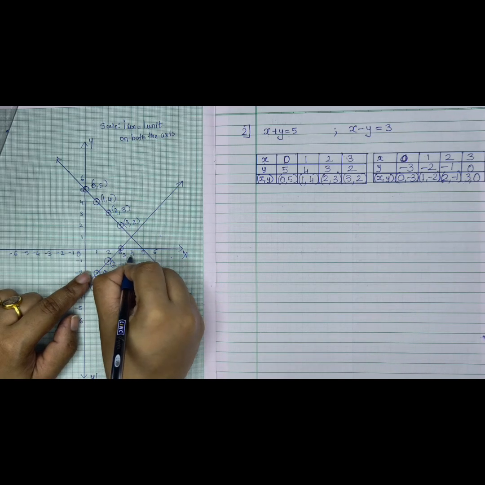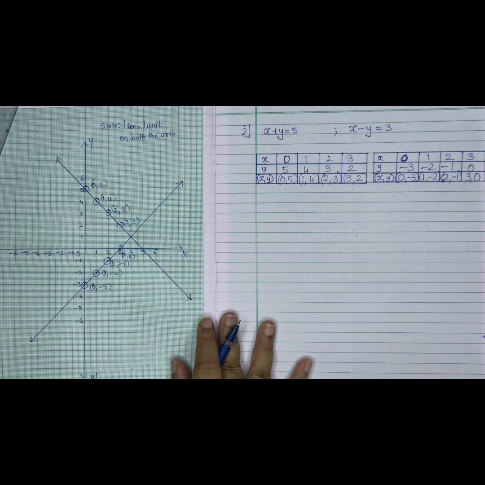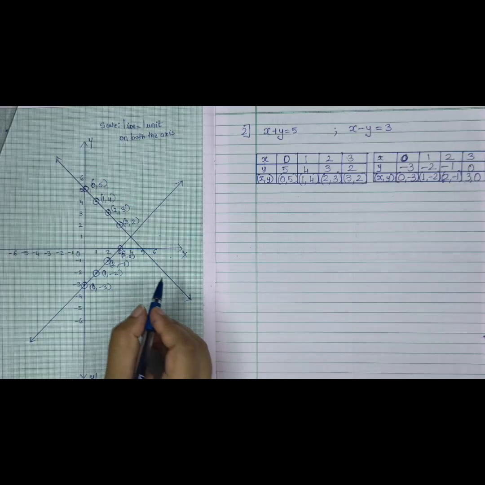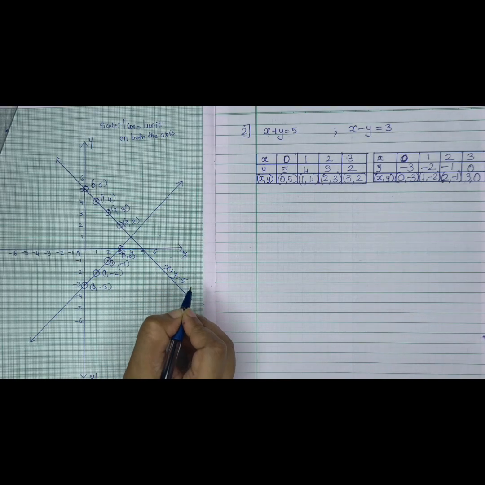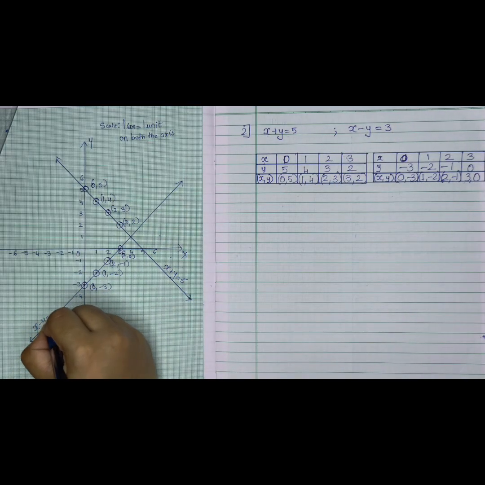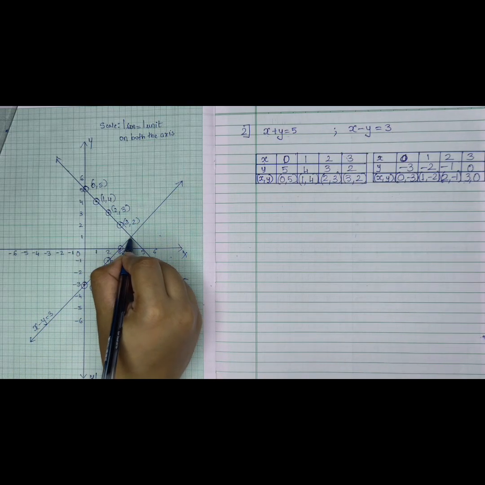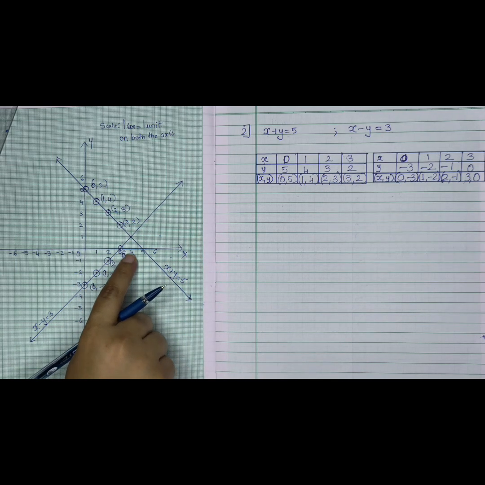Here 3 and 0. Now we will write the equation of the line. This line is x plus y is equal to 5, and this line is x minus y is equal to 3. Now to find the value of x and y, first see where they intersect. These two lines intersect here. That means you have to see on the x axis.